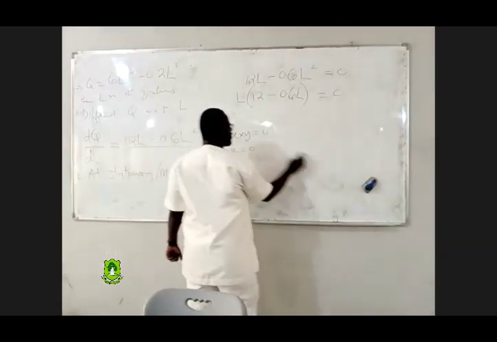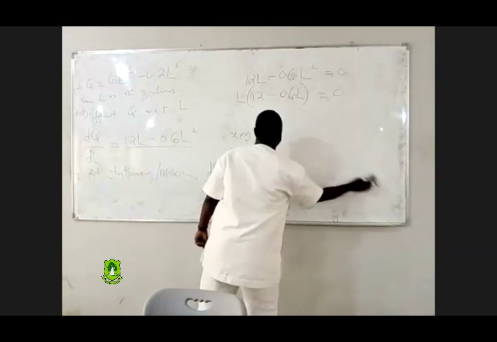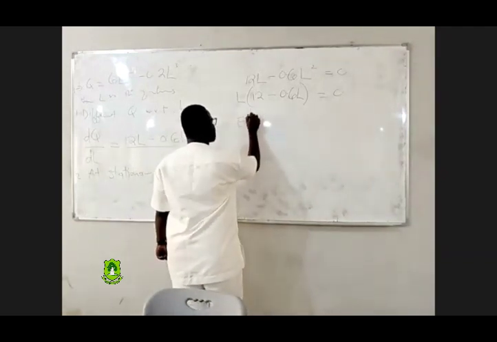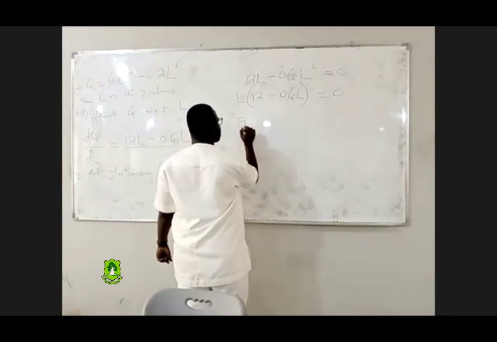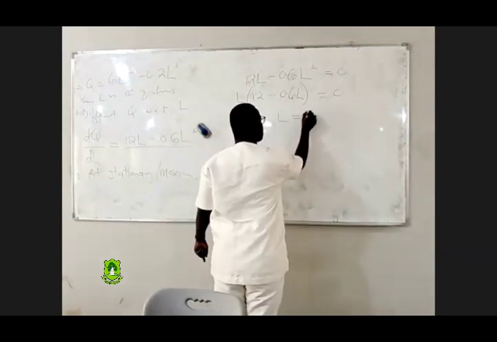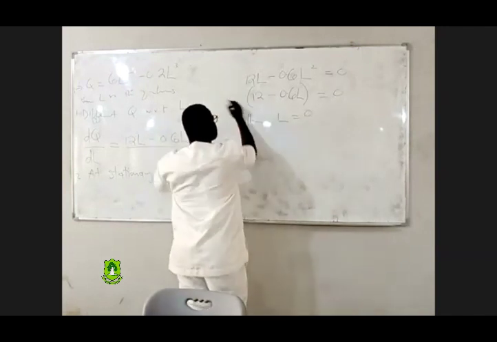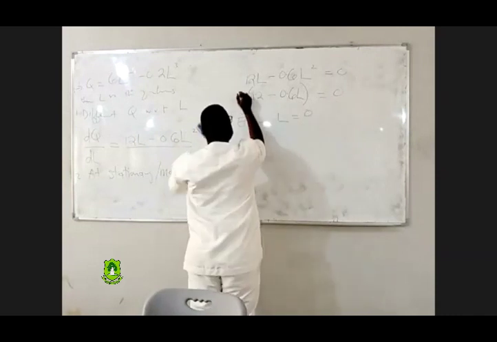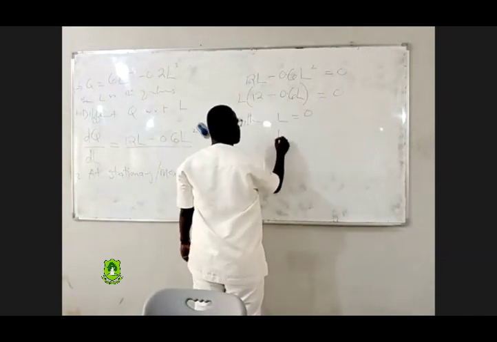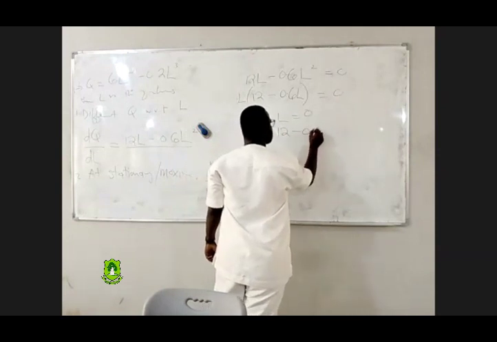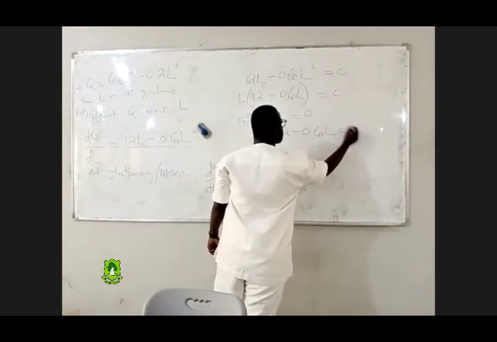So in this particular case, it's either L is equal to 0, in a way that 0 times the whole thing will be 0, or the entire thing in the bracket, which is 12 minus 0.6L, is equal to 0.